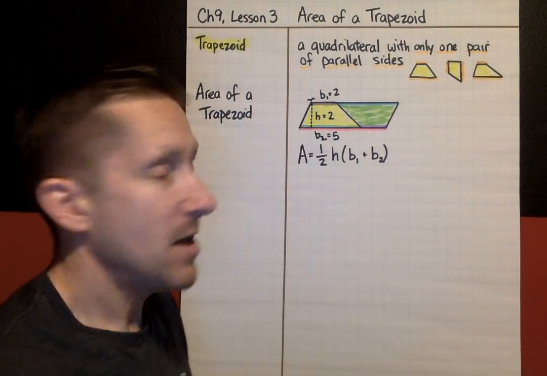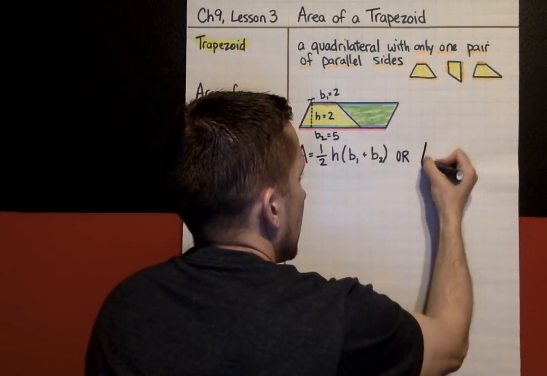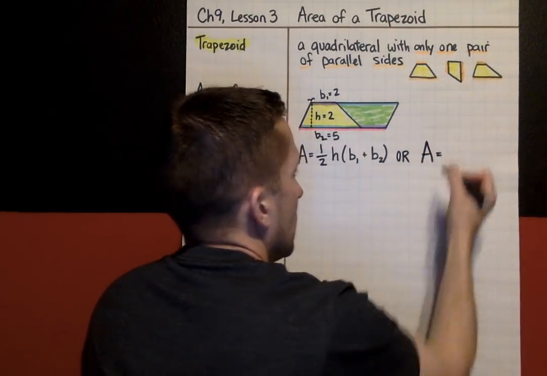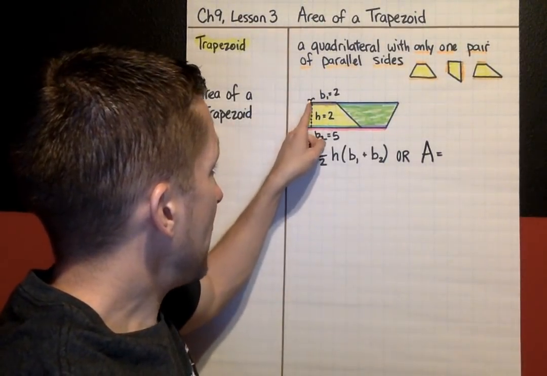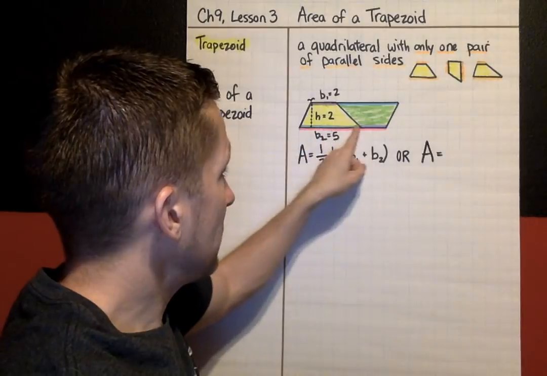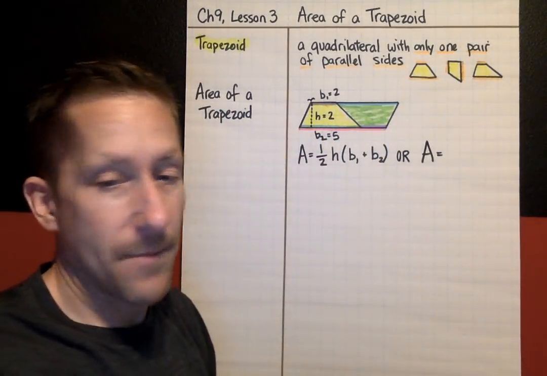But I'm going to give it to you another way, and just like with a triangle, most kids like this second formula better. It is base number 1 plus base number 2 put together. That makes the base of the parallelogram.